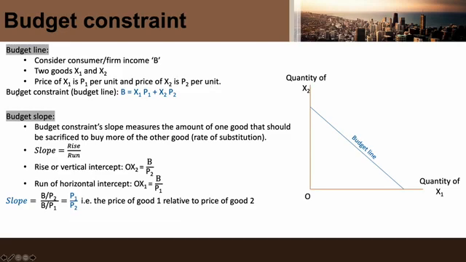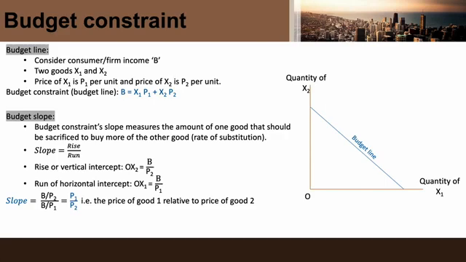So the budget constraint would mean that the total budget, if I'm not saving anything, we are assuming that there is no saving, would allow the person to use X1 quantity at price P1 and X2 quantity at price P2, and the sum of the two should not exceed the budget.